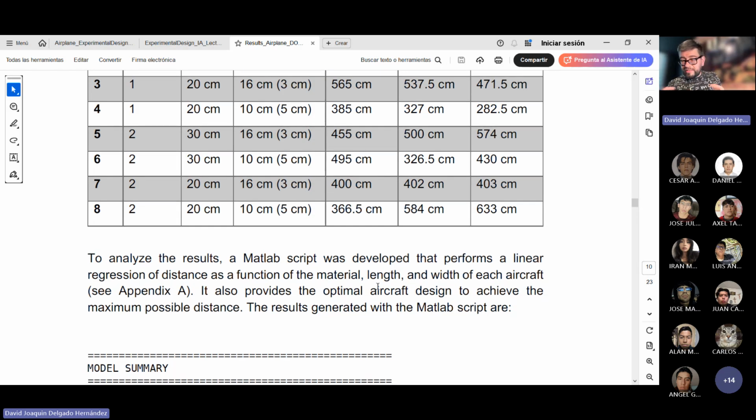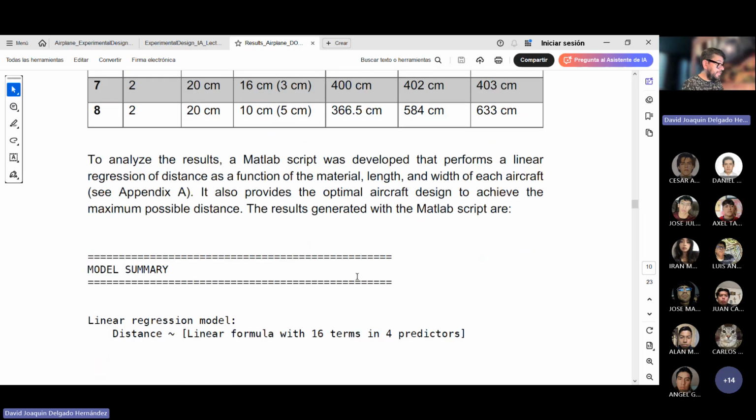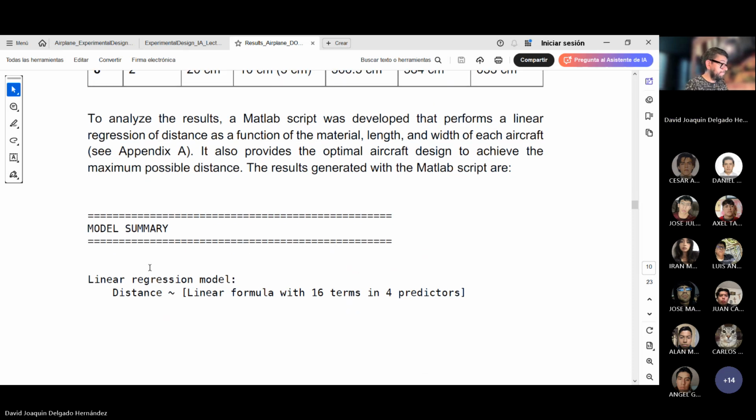I did exactly the same as I just explained to you before the coffee break that we had, and carried out this exercise. So this is the model summary. This is the linear regression model. The distance has to do with a linear formula with 16 terms in 4 predictors.